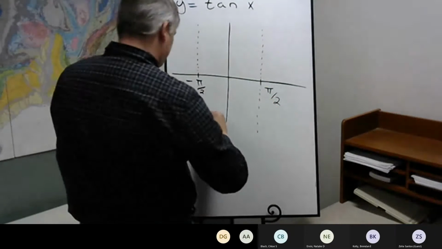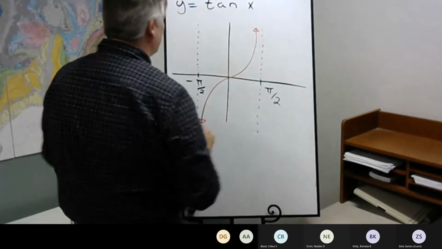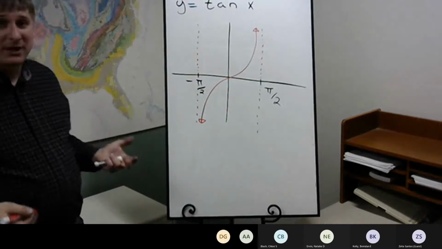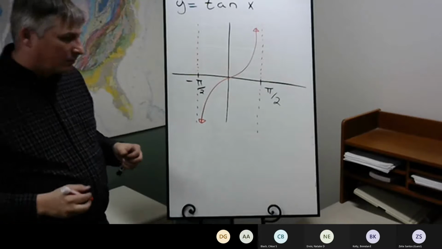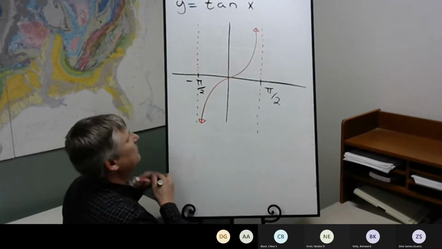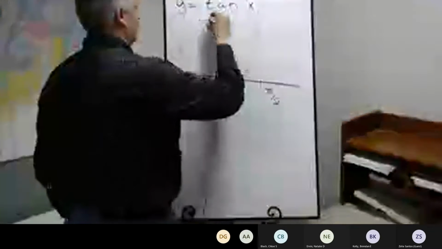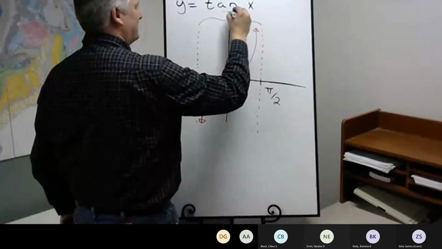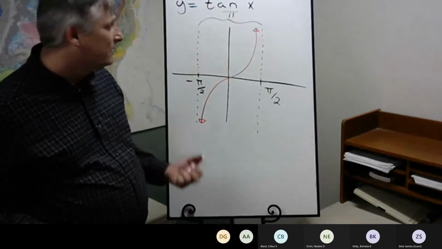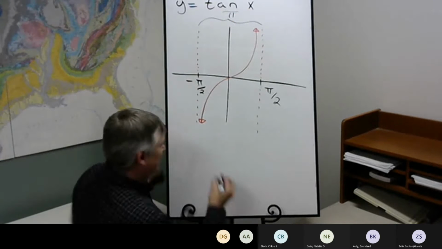Tangent's going to do this. That's your y equals tangent of x. Now what's going to happen is it has a period of pi. So unlike the others that had a period of 2 pi, this one has a period of pi. It's going to do something sort of peculiar.